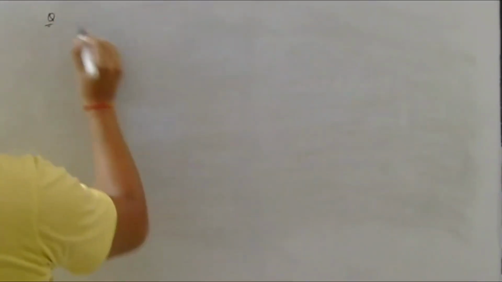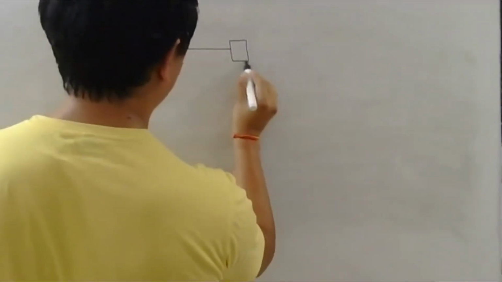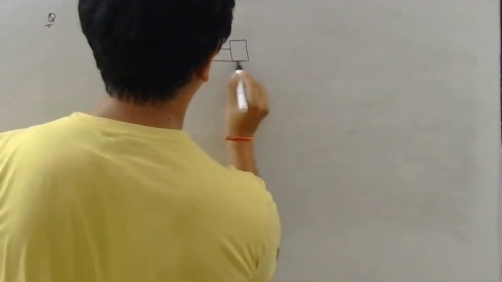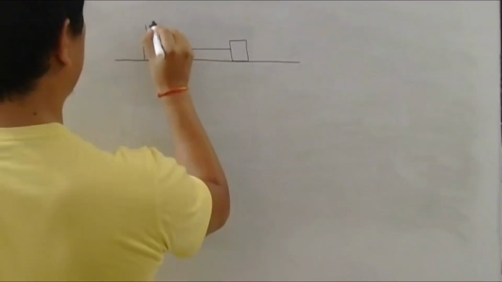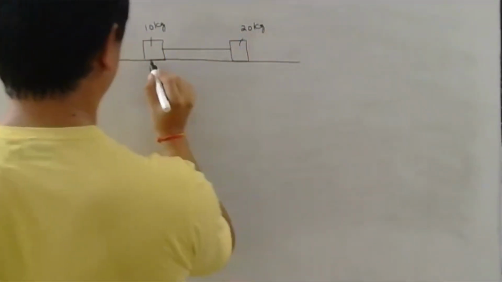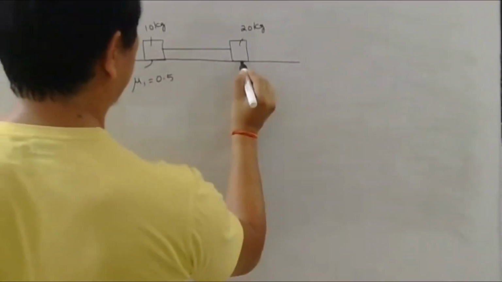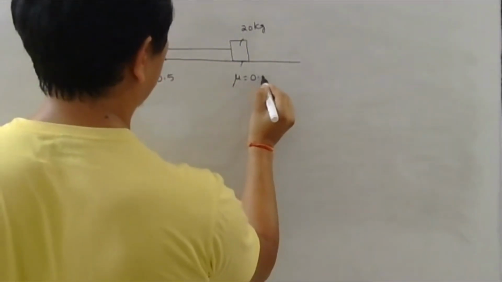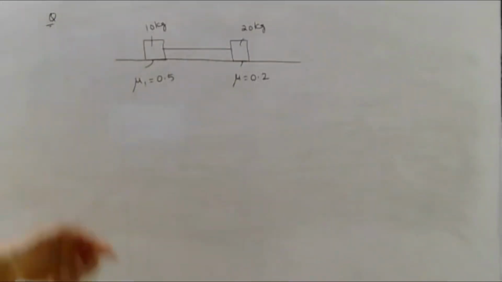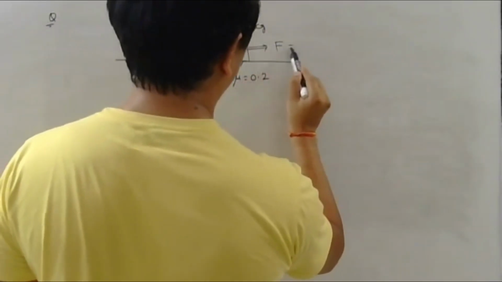See this question now. Suppose there are two blocks tied to a string like this. Let's say this is 10 kg and this is 20 kg. Here friction value is, let's say, 0.5. Here it is 0.2. You are applying, let's say, a force of 50 Newton.